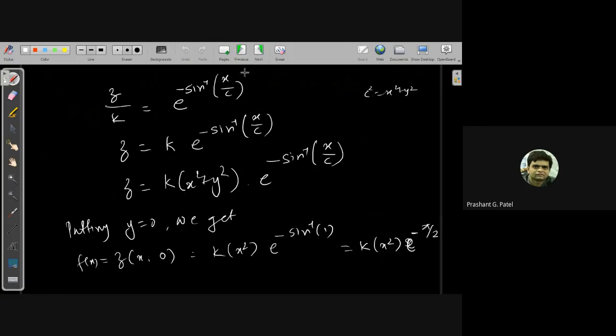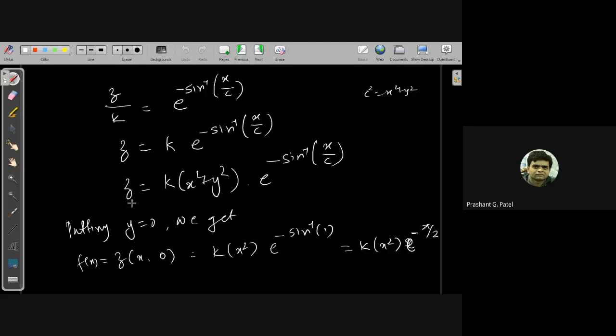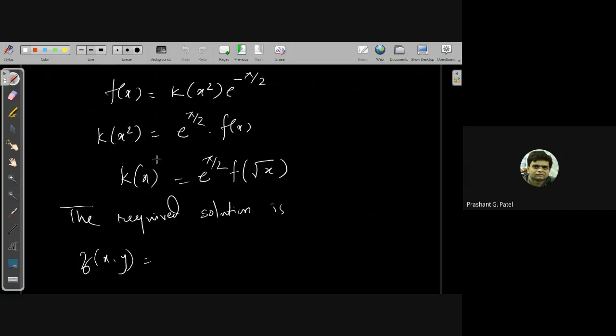And hence the required solution is z of xy is equal to k of x square plus y square. But k of x, according to this, is e power pi by 2.